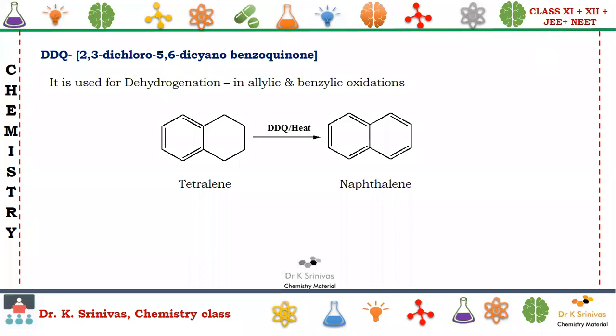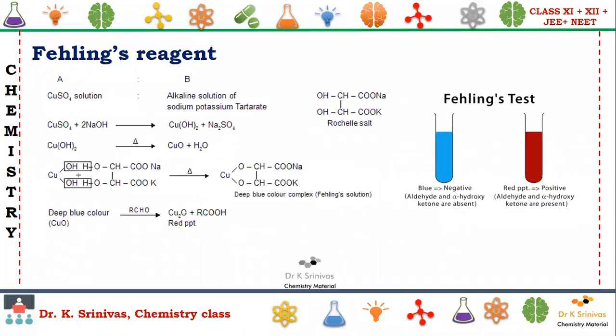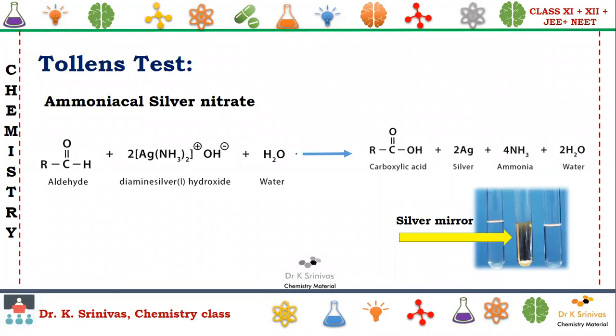Next, Tollens' test. Ammoniacal silver nitrate is used for converting aldehyde into the corresponding carboxylic acid. After the reaction, we see the formation of diamminesilver hydroxide.